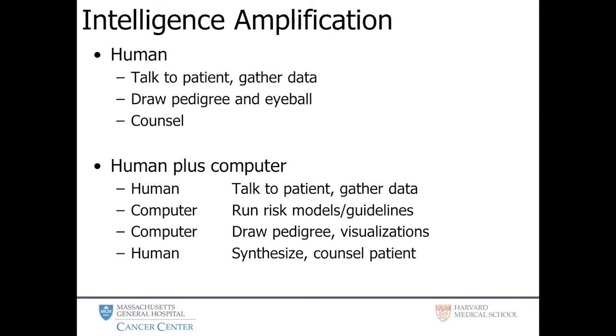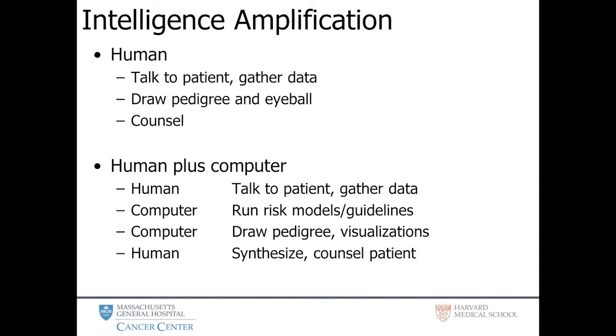So moving on to intelligence amplification, imagine that a human can talk to a patient and gather data very well. They could draw a pedigree and then eyeball that pedigree, and they could then counsel the patient. In fact, this is how much of genetic counseling is done today. But if you use a human plus a computer, the human can use what they're strong at: talking to the patient, gathering data, collecting more information about what might be going on. Computers can run risk models and look at guidelines very effectively.